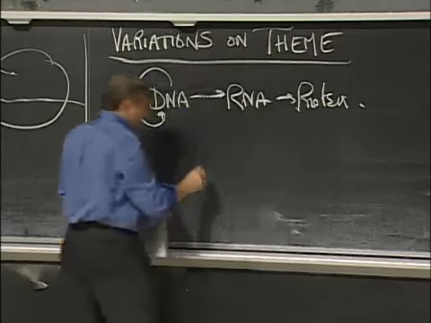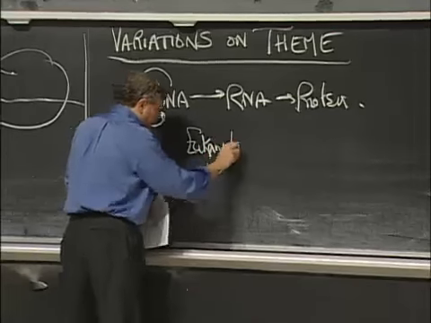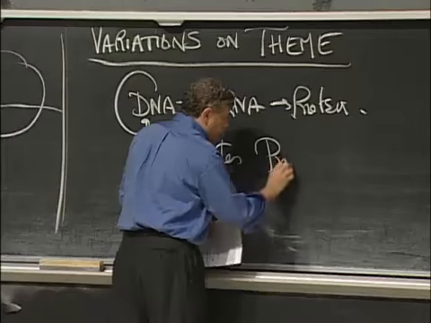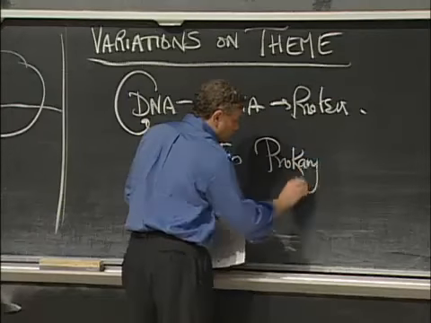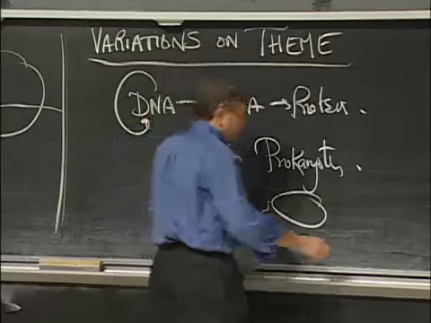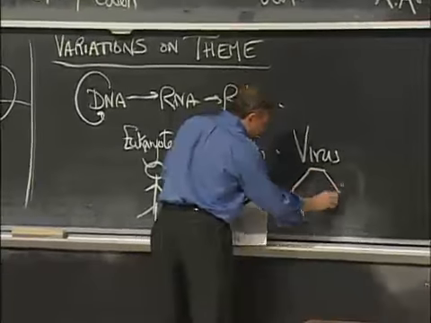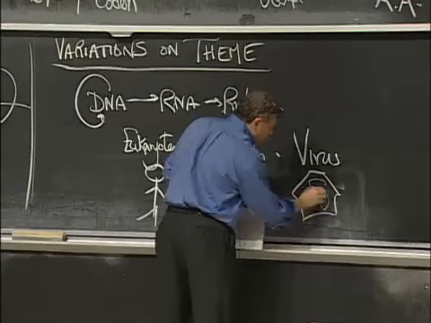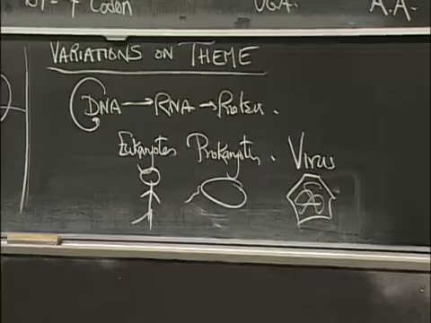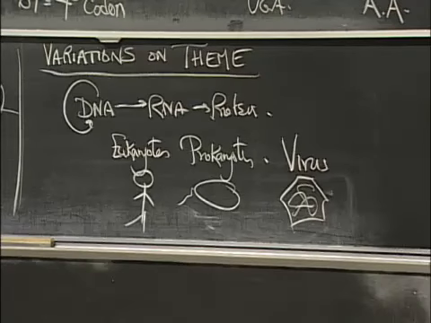The organisms we'll consider are eukaryotes, like you, prokaryotes, like a bacteria, and viruses. Each does the same basic copying of nucleic acid to nucleic acid, transcription and translation, but there are some pretty fascinating variations on the theme. So let's turn to those variations.